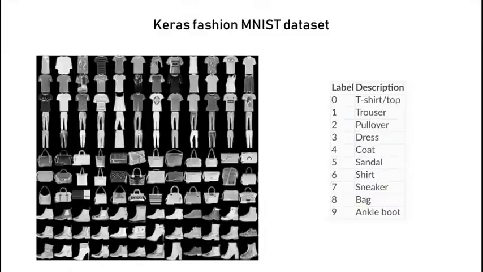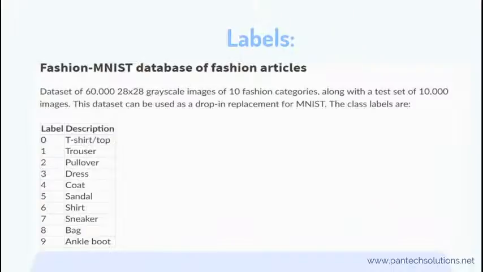So I have data and I have an output in my dataset. Using this dataset I want to train the algorithm. To train it I have 16,000 28 by 28 grayscale images of 10 fashion categories. You have to understand this dataset.